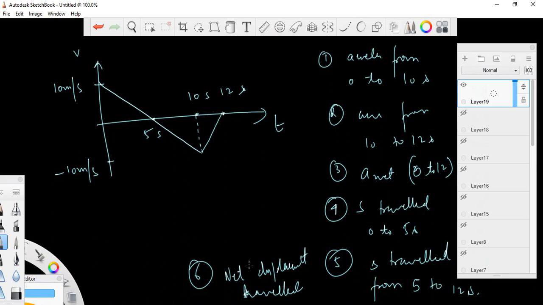So what's the second question? Acceleration from 10 to 12 seconds. 0 to 10 acceleration, 10 to 12 acceleration, net acceleration from 0 to 12. Displacement in 0 to 5, displacement from 5 to 12, and the net displacement traveled.